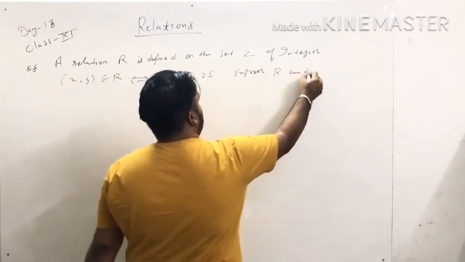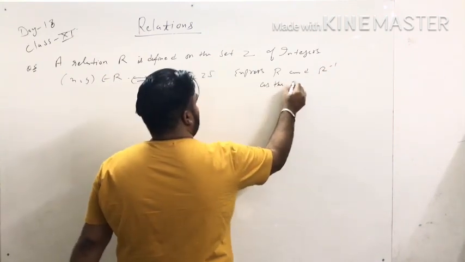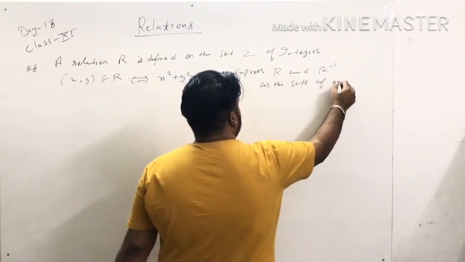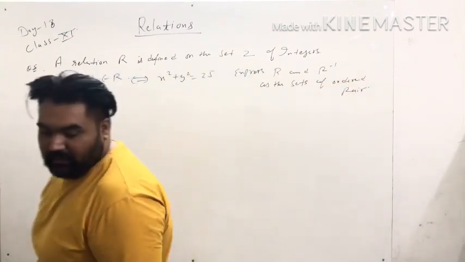Express R and R inverse as sets of ordered pairs. I just repeat the question.